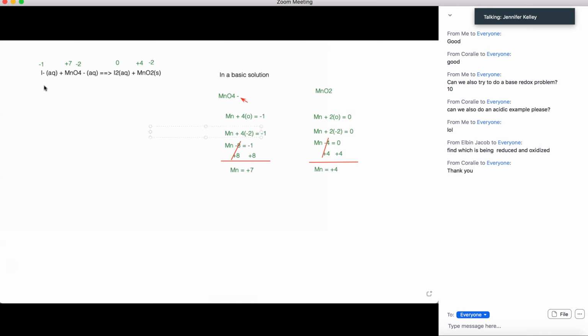Okay. So one of the half reactions is going to have the iodine and the other one is going to have the MnO4 minus. So I minus makes I2.